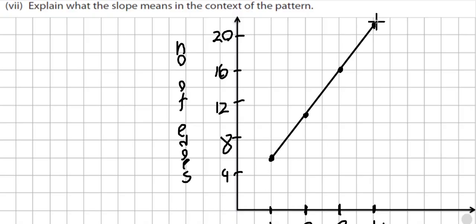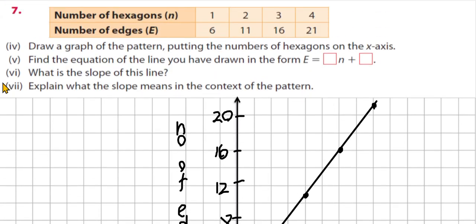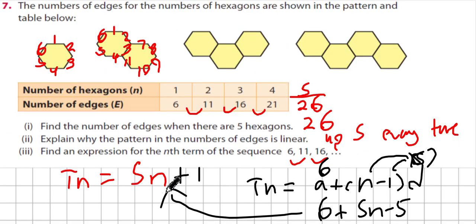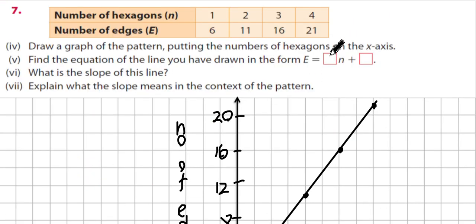Now, here's the deal with this, okay? Do you know that formula we got earlier? What was the formula we got earlier? But remember the one we did in the last question. See the 5n plus 1? I think we already have this then, don't we? 5n plus 1. It has a slope of 5.